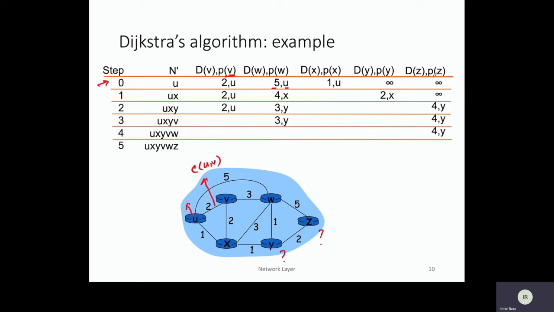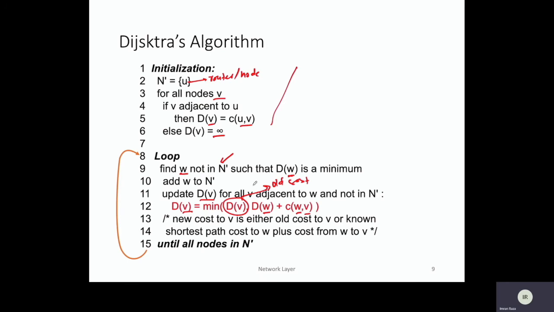So let me go back and look at this initialization step again. In the initialization step, step 0 on the next slide, N contains only U, since we have started this algorithm at U, and for all the nodes V that are adjacent nodes, like V, X and W in our example, this cost is known, right?